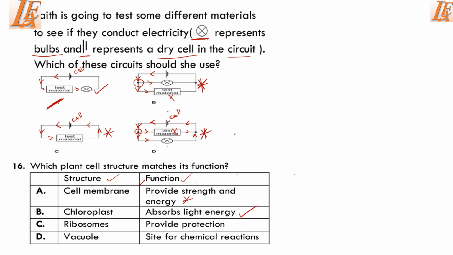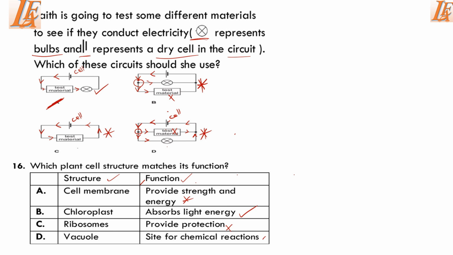Then C, ribosomes, and the function that we have been given here is to provide protein. This one is wrong because the function of ribosomes is to make protein needed for cell function. So this function is wrong for ribosomes. And then finally, the vacuole. In this case, we have been given a site for chemical reactions.